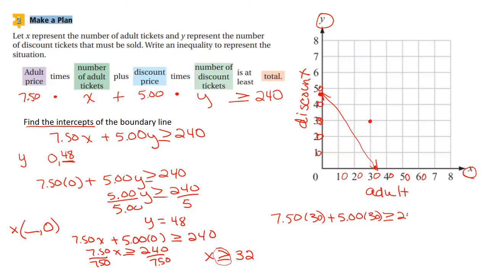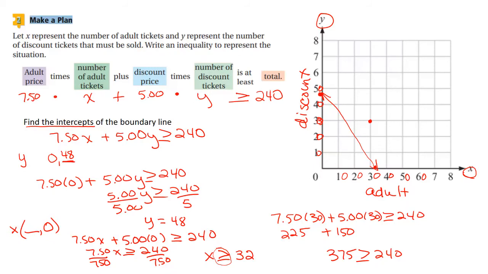Greater than or equal to 40. All right, so 750 times 30 is $225 they would make. And if they sold $35 tickets, we would have $150. And 225 plus 150 is 375, and indeed that is 240.